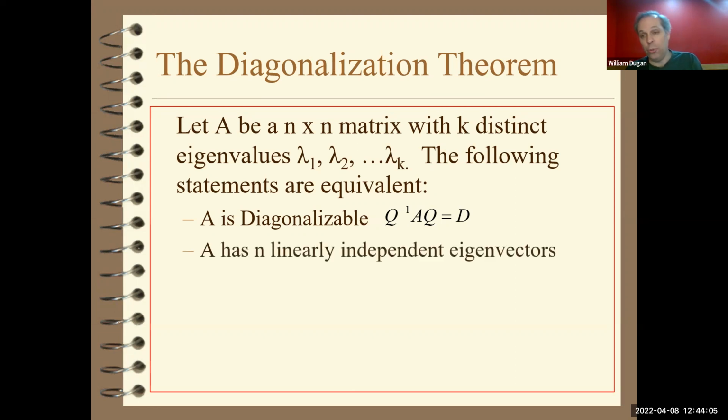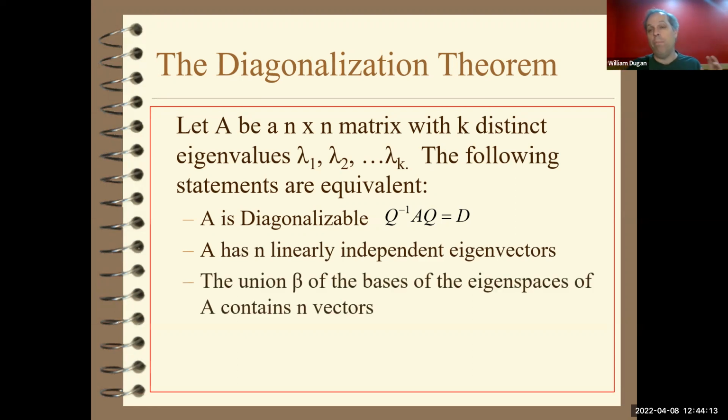Then it's also equivalent to saying that we have enough eigenvectors, that A has to have n linearly independent eigenvectors. We also have that the union of the bases of the eigenspaces contains n vectors. This is an interesting little detail because in this part of the proof, I actually showed you that if you have n eigenvectors that are linearly independent and you take only those that correspond to a particular eigenvalue, it's actually a basis for that eigenspace.